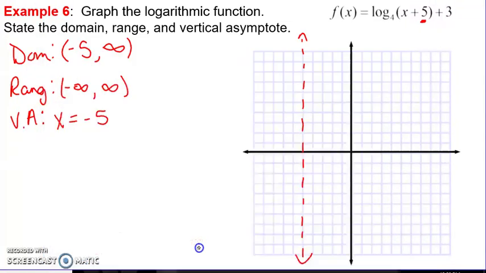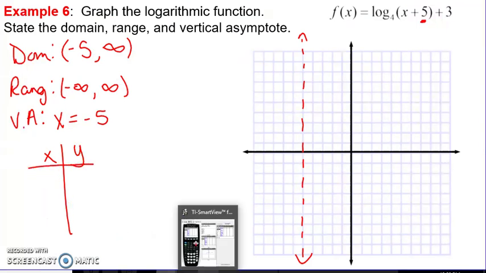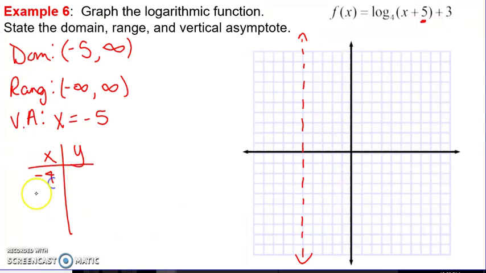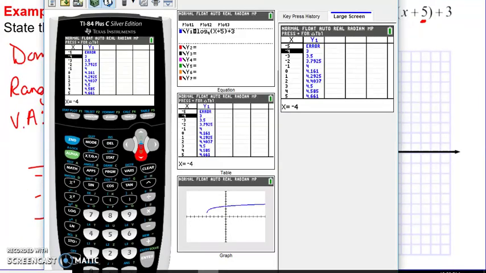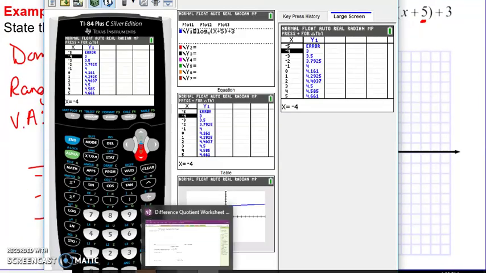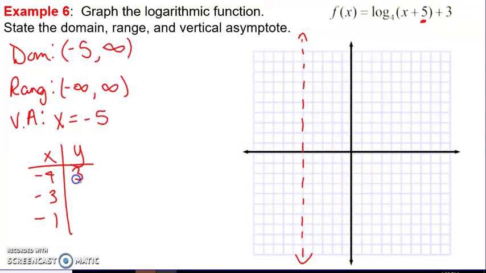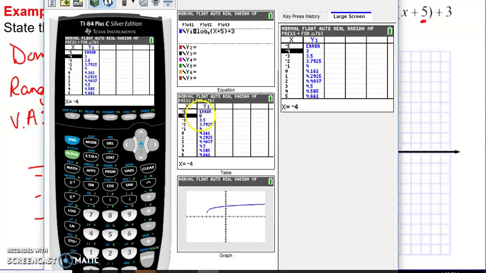So x equals y, -4, -3, and -1. At -4, it was 3. So I have 3, 3.5, I believe. Yep, 3.5.